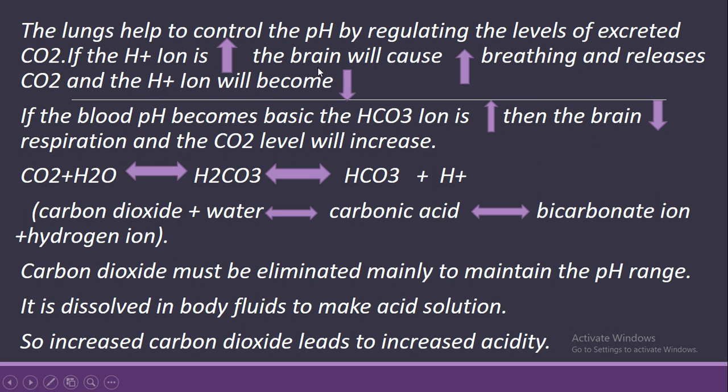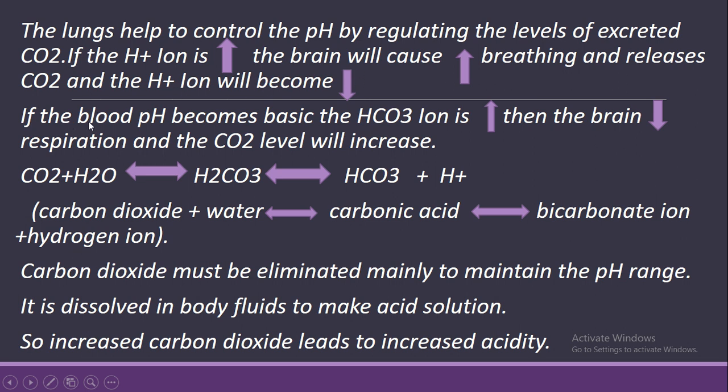So it is easily understood that if the H plus ion is more, the brain causes increased breathing. Increased breathing means the carbon dioxide is more inside the body, which causes difficulty in breathing, and it releases the carbon dioxide out, and the acidic part, the H plus ion, will become low.